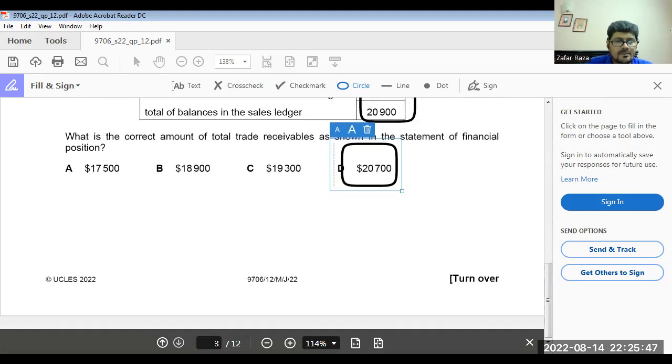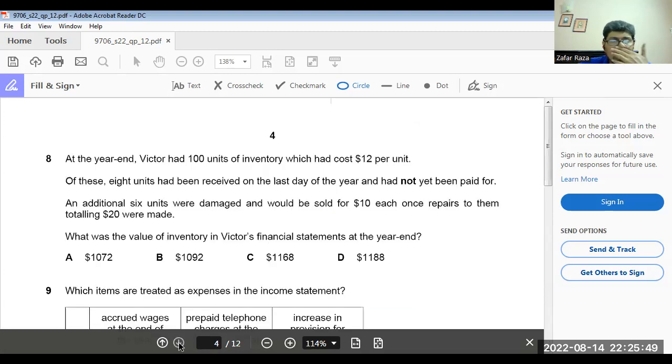Okay. Now, question number 8. At the year end, Victor had 100 units of inventory which had cost $12 per unit. Of these, 8 units had been received on the last day of the year and not been paid for. Now, according to International Accounting Standards, when you receive inventory, it becomes part of your inventory whether you have paid or not.